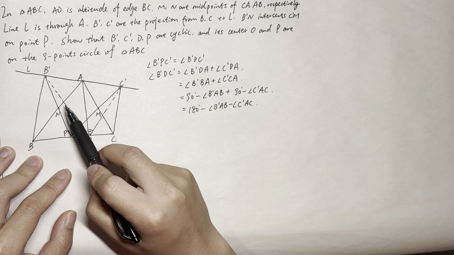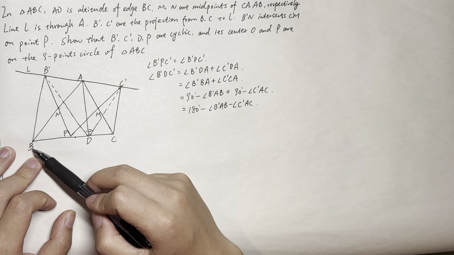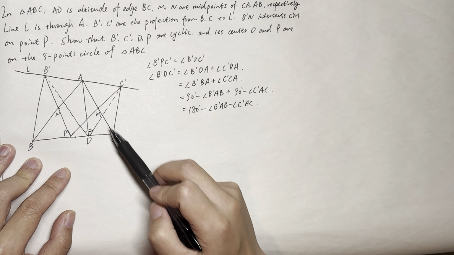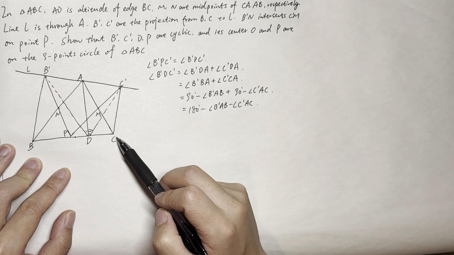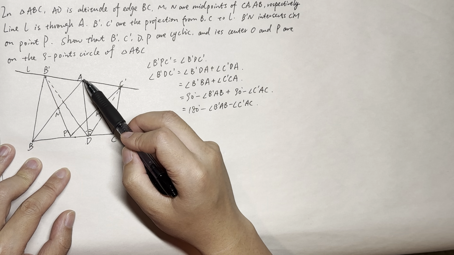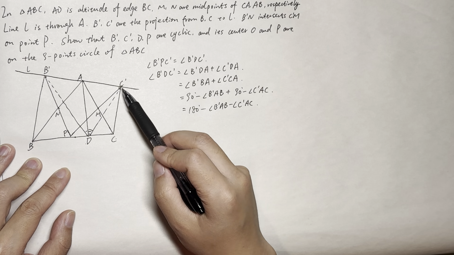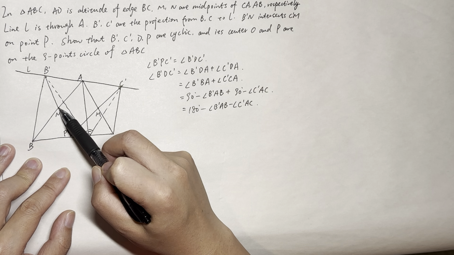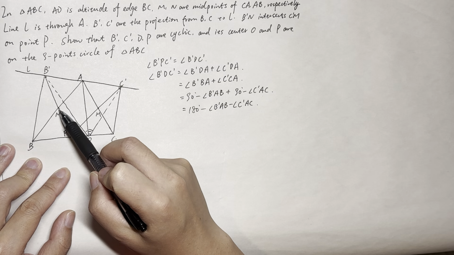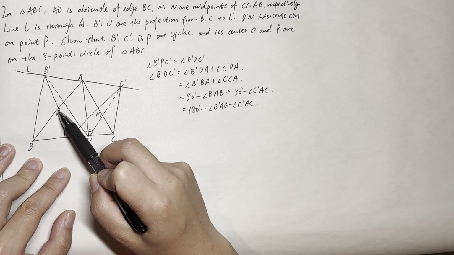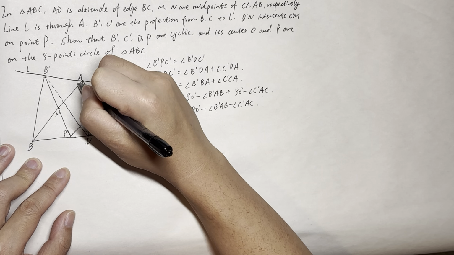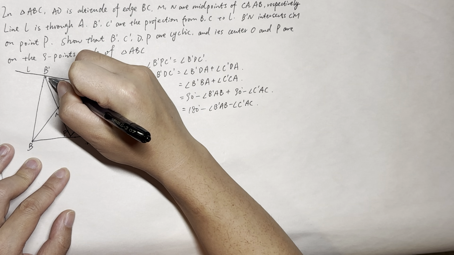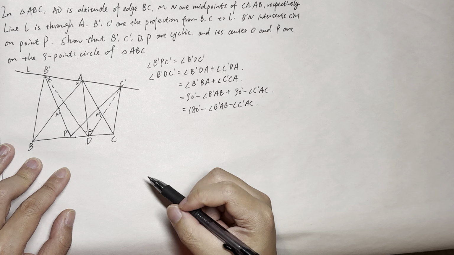And because N is the midpoint of the hypotenuse of right triangle ABB prime, and M is the midpoint of AC in the right triangle AC prime C, that means AN equals B prime N equals BN, right? So this angle equals this angle.